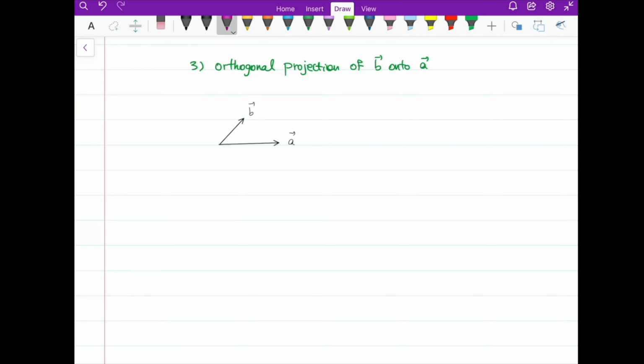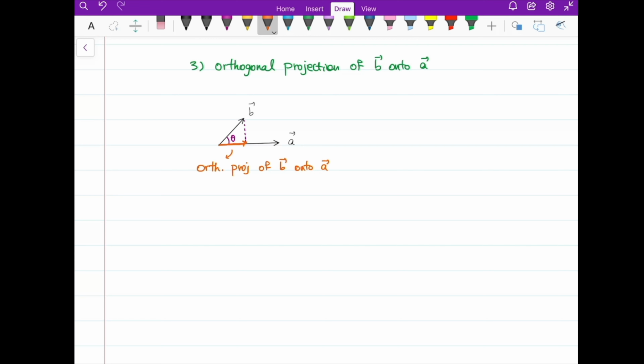Then I have theta here, the angle between them, and this vector here is called the orthogonal projection of B onto A.